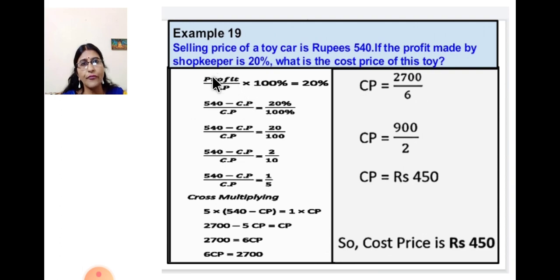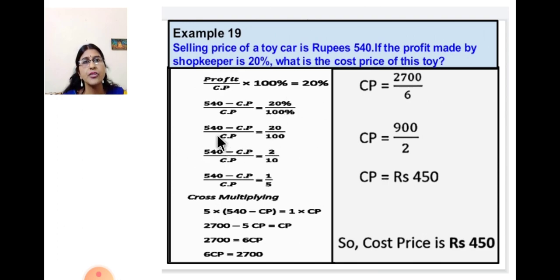So in place of profit, we are going to write 540 minus CP upon CP as it is, that is equal to 20% upon, now this we will take to this side. So here it is multiplied. So when you take it to this side, it will become division. So 20% upon 100%. So percent will be cut. So 20 upon 100 is written.